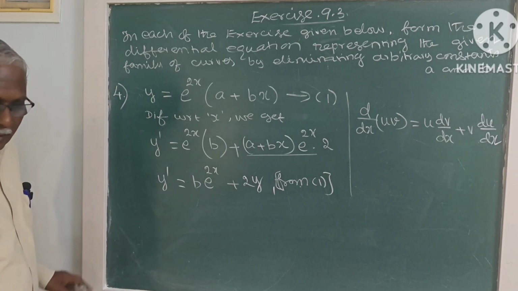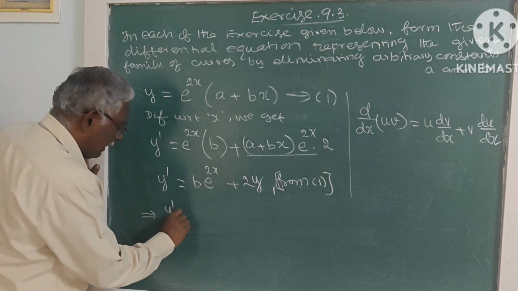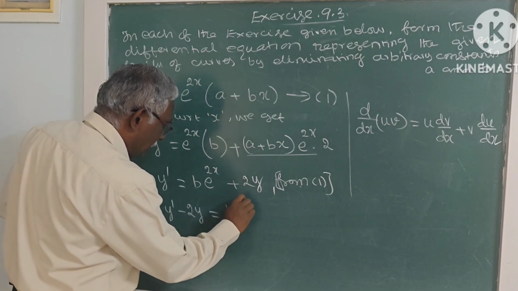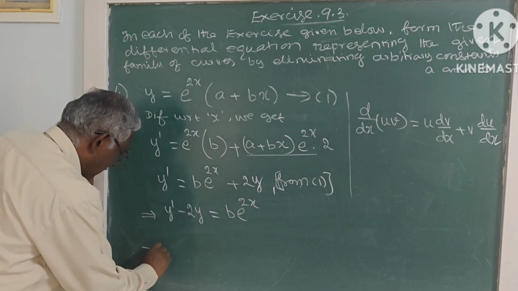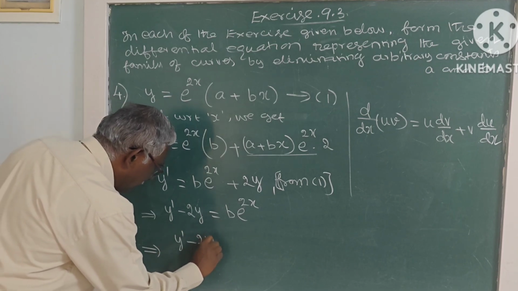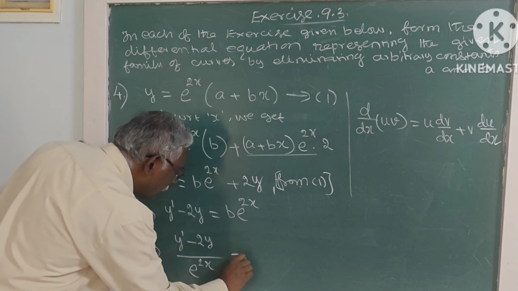Take 2y to the left hand side, we get y dash minus 2y is equal to b into e power 2x. Take e power 2x to the left hand side again, we'll get the constant on the right hand side.